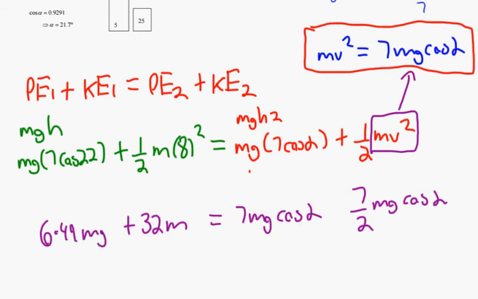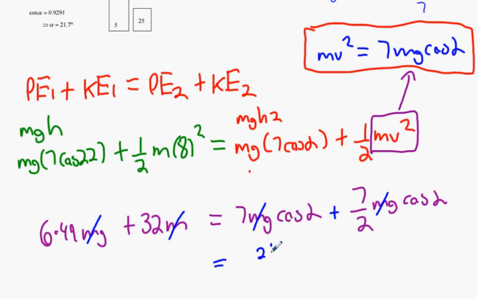Now, any suggestions for our next step? The m's will cancel. g isn't going to cancel, is it? No. Sorry? Yeah, I think I'll put it in as 9.8. Just work it that way. So, I'm just going to get, what's 7 plus 7 over 2? I think it's going to be 21 over 2. 14 over 2.